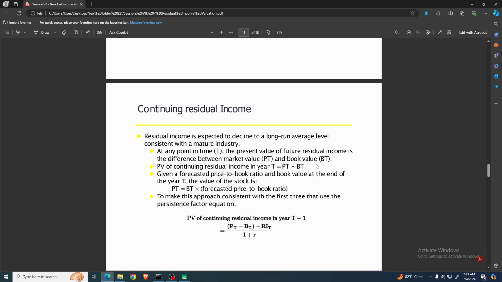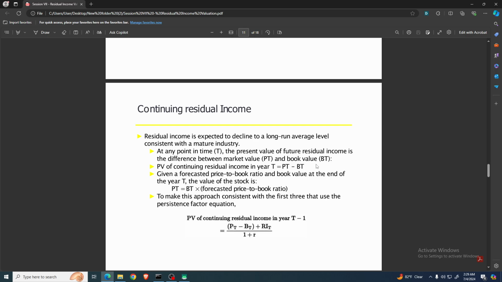We come to the fourth assumption, which we have briefly discussed earlier also, which is declining to a long run average level. So here we are coming to the assumption that the residual income declines to a long run average level consistent with a mature industry. And here, what we are going to calculate is, at any point in time t, the present value of future residual income is the difference between the market value, PT, and the book value, which is BT.